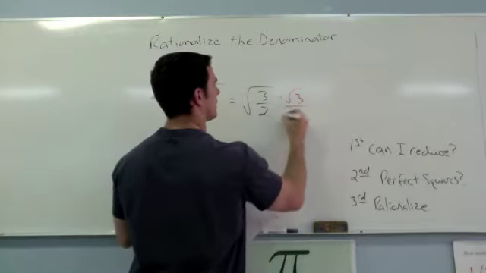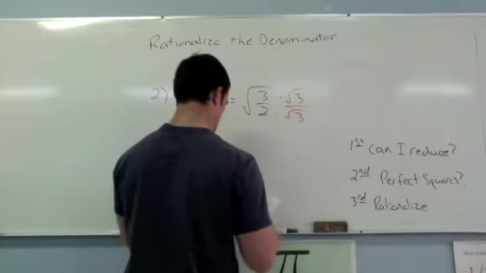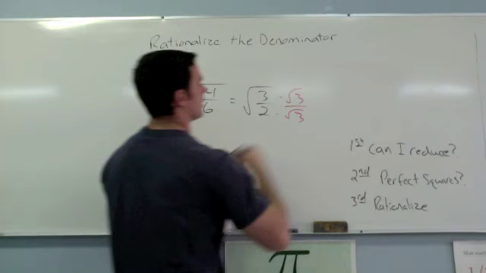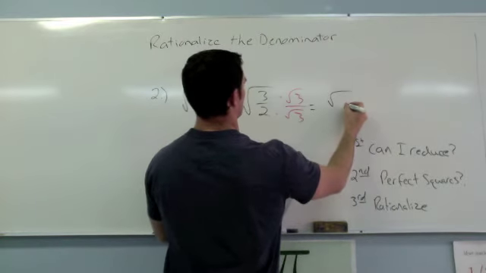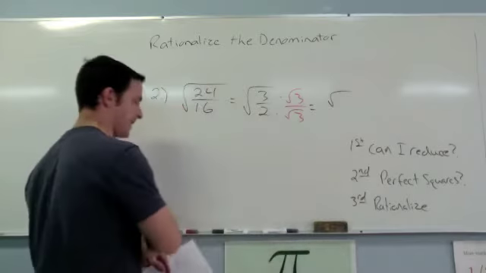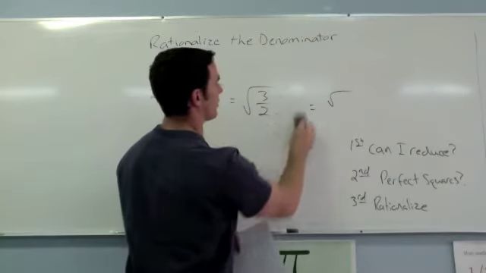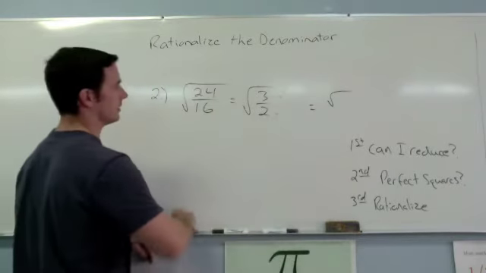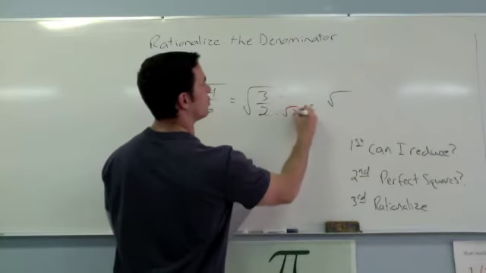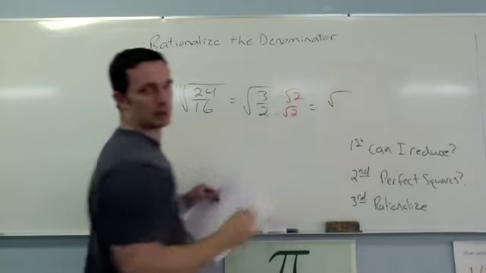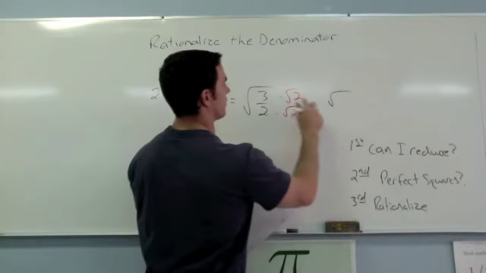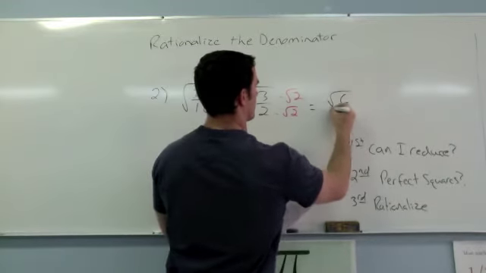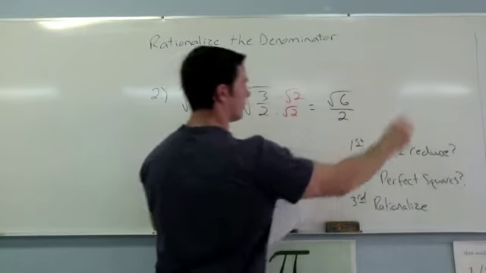Times radical 3 times radical 3. So for my final answer, I will get the square root. Let's change that part right there. Times radical 2. Times radical 2. My mistake. This will give me radical 6 over 2.